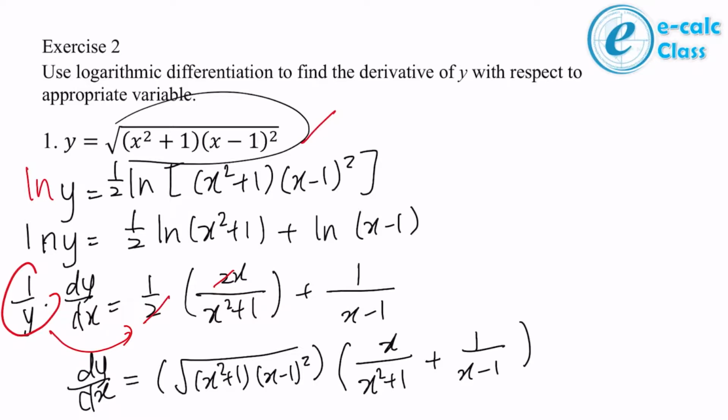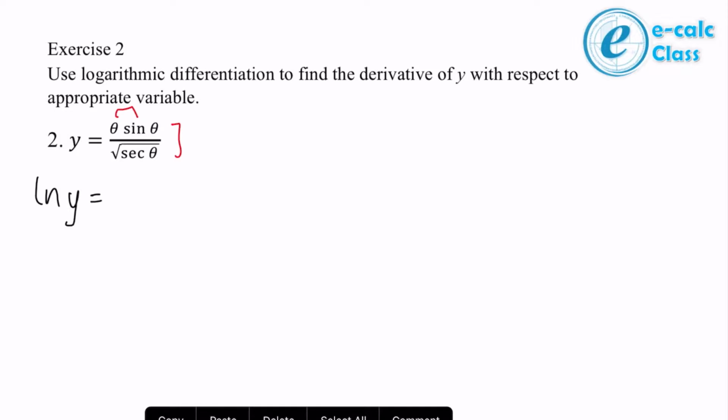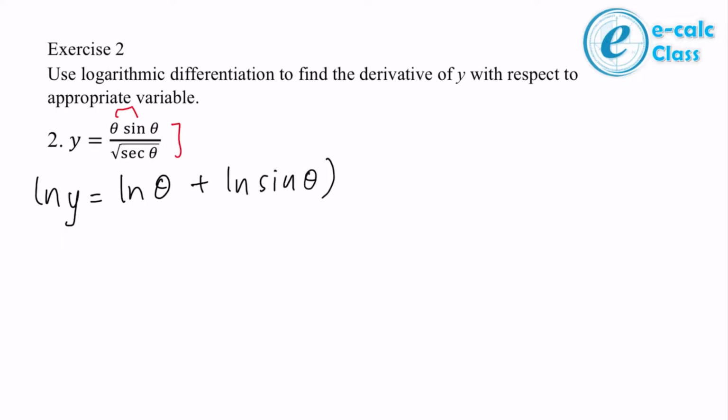We'll do more examples. Okay, the next one we have trigonometry, and like I said, no worry, just take natural log on both sides, and you can make the product and quotient into sum and difference. Alright, so ln y equals to ln theta is a product, becomes sum.